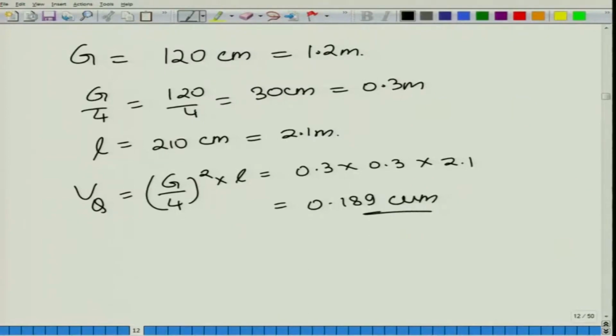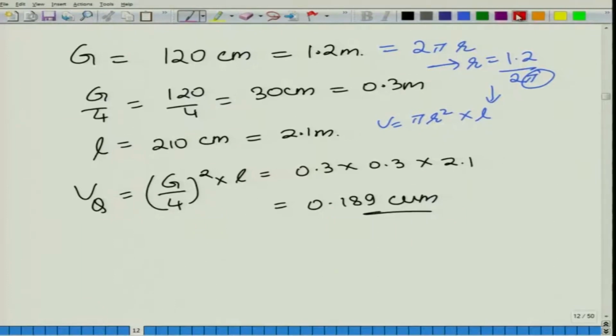Even though we are given the girth, if we wanted to compute the actual volume, we would have done it this way: the girth is 1.2 meter, that is 2 pi r, so r is equal to 1.2 by 2 pi, and then the volume is pi r square into the length of the solid. These computations are a bit involved because you have to divide by pi, and pi being an irrational number, this becomes a longish computation.